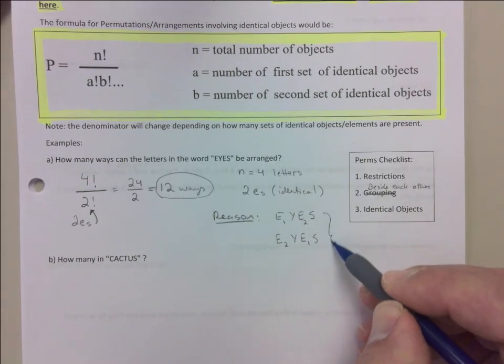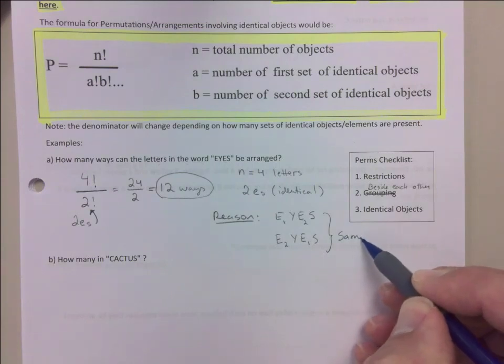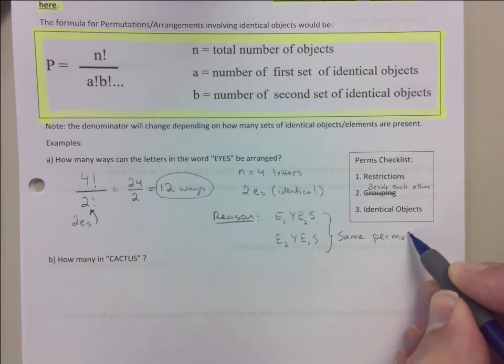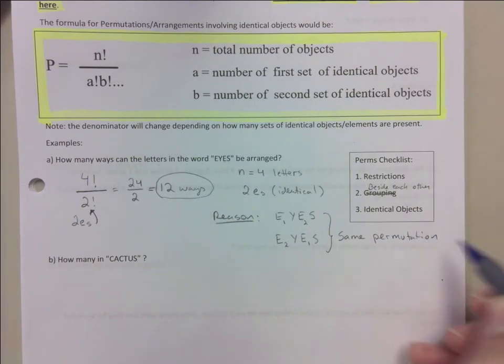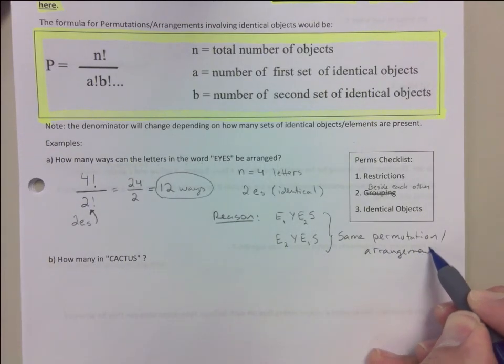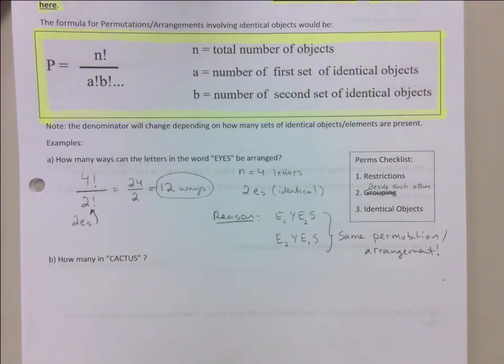These are considered the same permutation or arrangement. That's why we divide out the 2 factorial, because we don't want to count that as 2 unique arrangements.